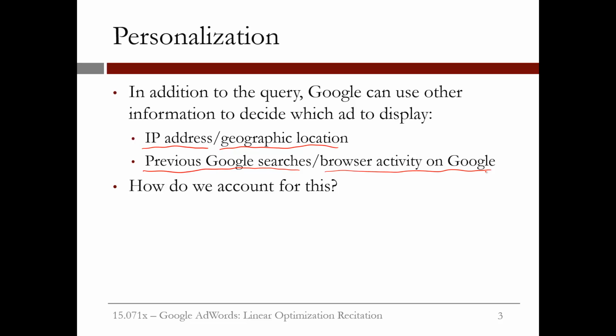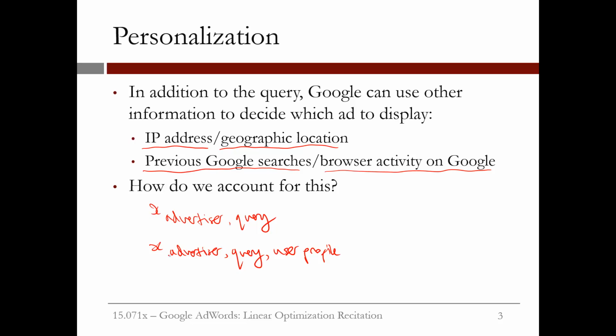Rather than working with queries, we would work with combinations of queries and user profiles. So rather than having X defined for a given advertiser and a given query, we would define X for a given advertiser, a given query, and a given user profile. So here, a user profile just describes the type of user. For instance, a profile might be men aged 20 to 25 who live in Boston, Massachusetts in the United States.